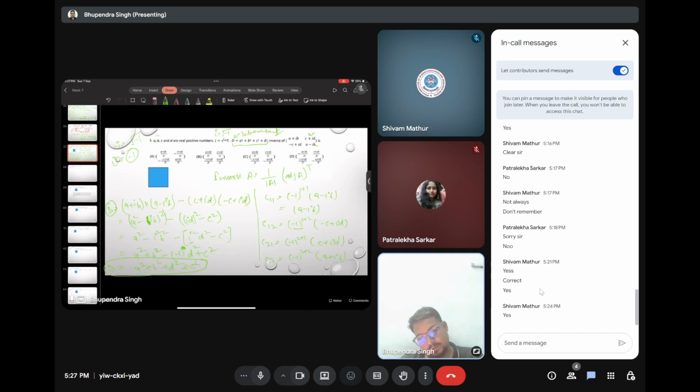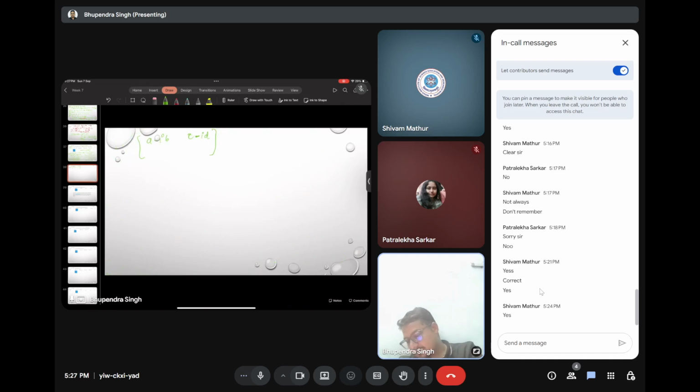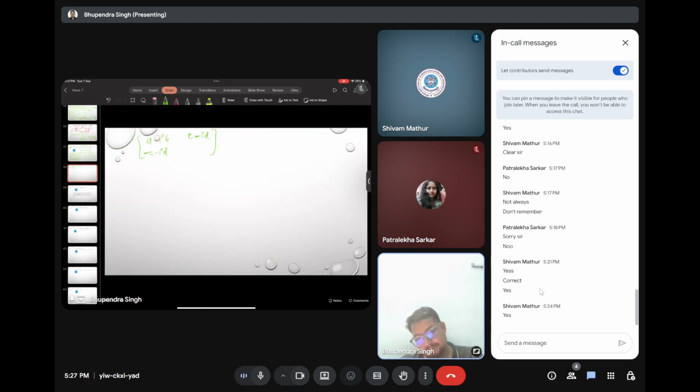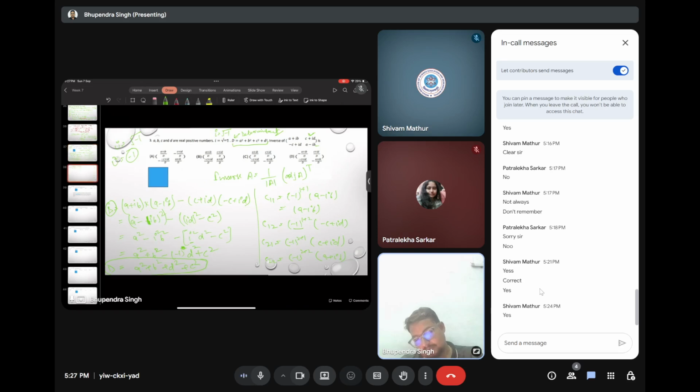Next, C21 with its minus sign gives minus C minus iD. Next, minus 1 to the power 4, so A plus iB.